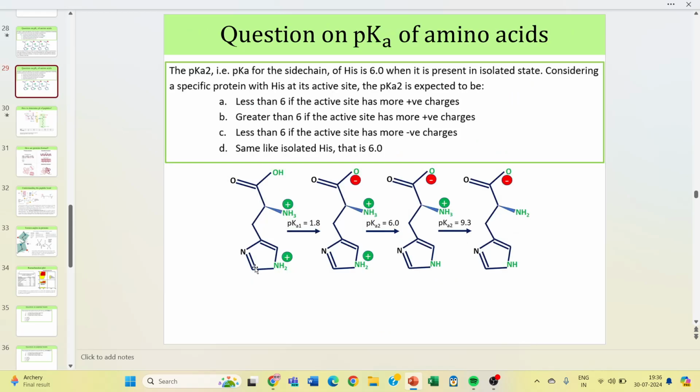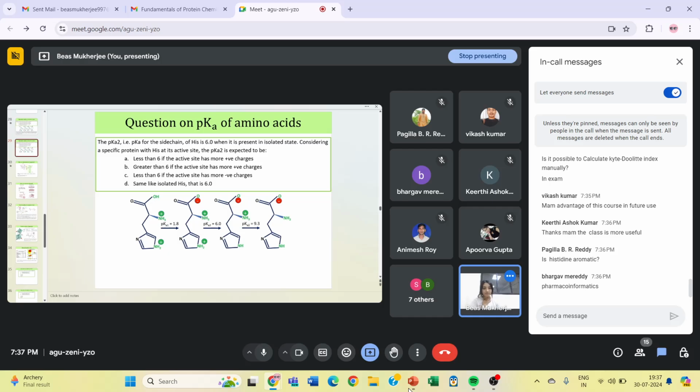Yes, you see, this is not exactly a conjugated double bond. There is resonance, but this is not considered aromatic as such based on the conventional definition.